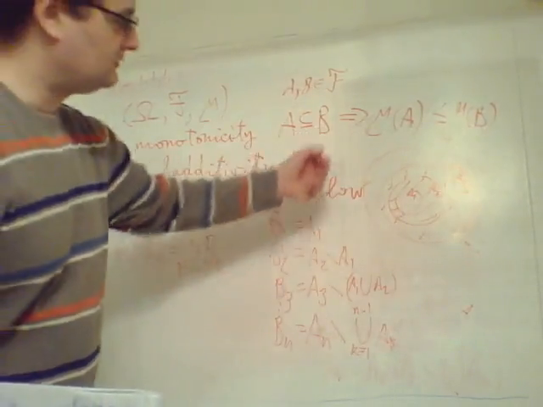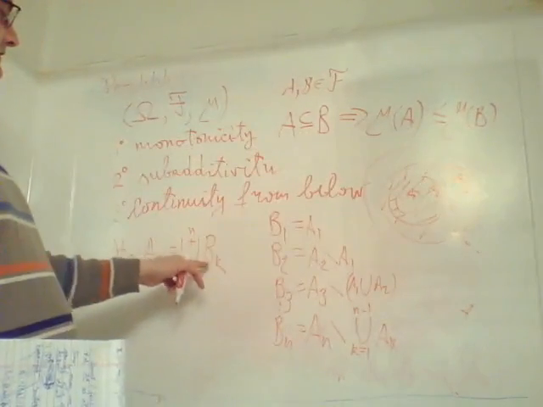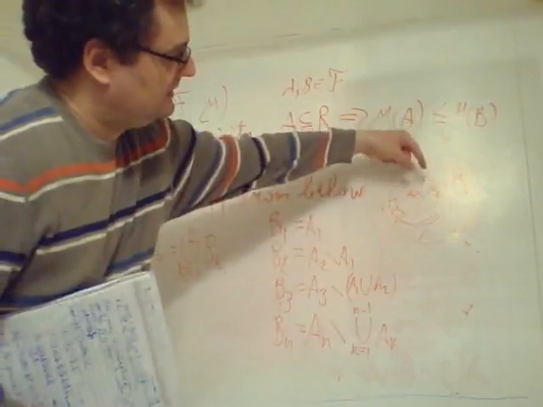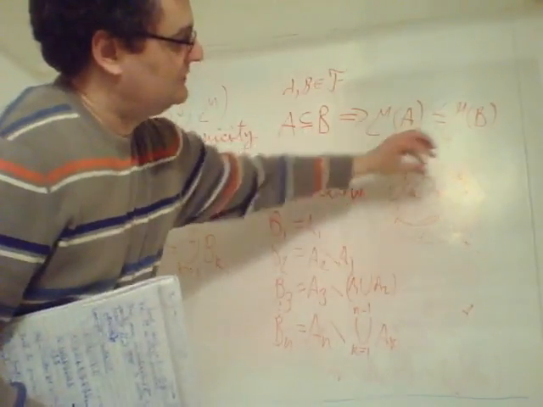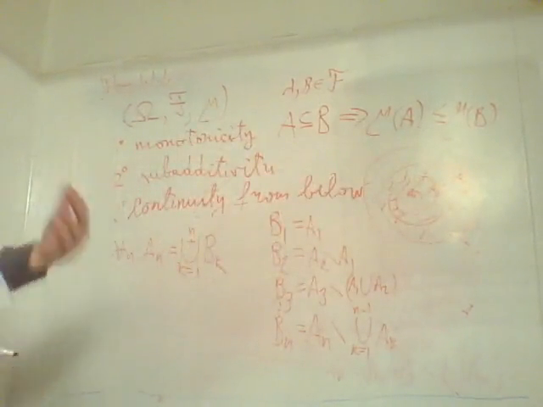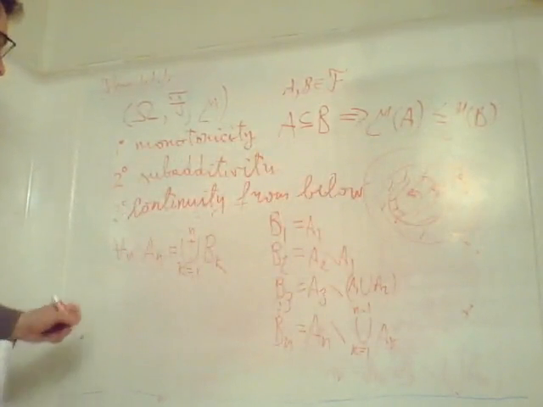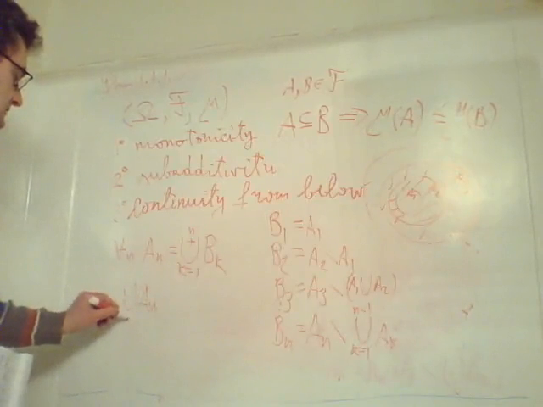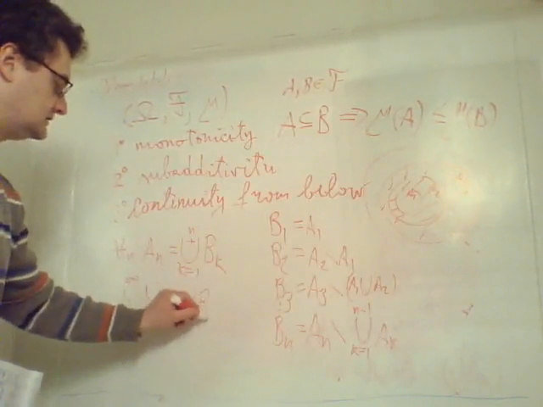So for example, just look at the union of the first three B's: B1 union B2 union B3. It's A1 union this set union this set. Well, it's the same thing as A3, and that's actually true for every n. So we have this, and also the union of An's is actually the disjoint union of Bn's.